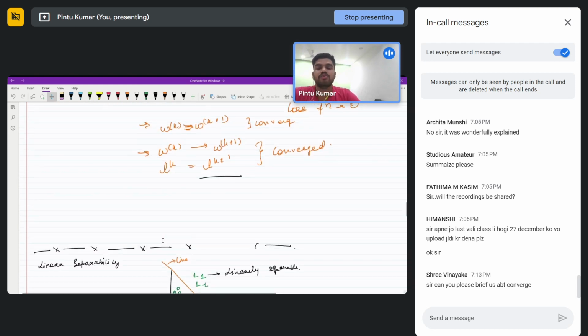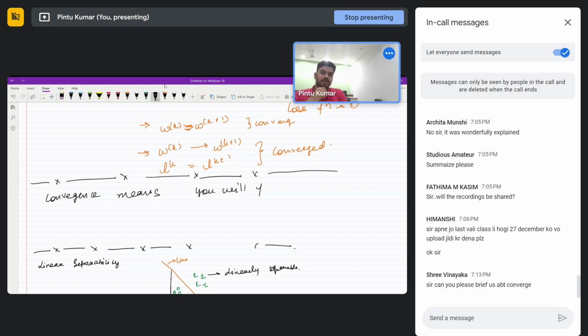Now if we talk in terms of perceptron, convergence means that you will find such a W star so that you are making 0 error on training data.